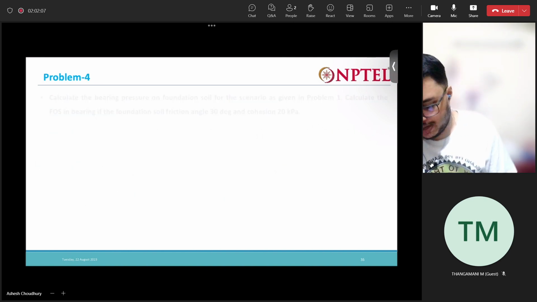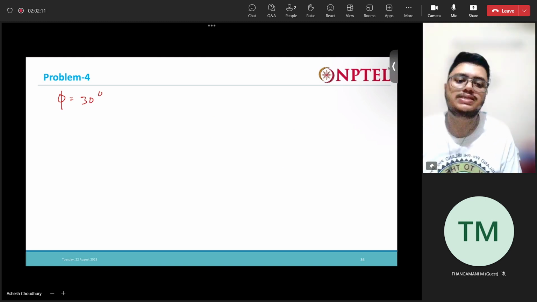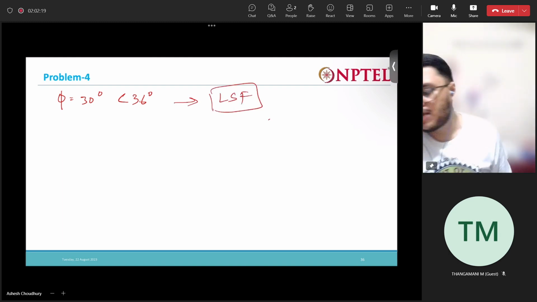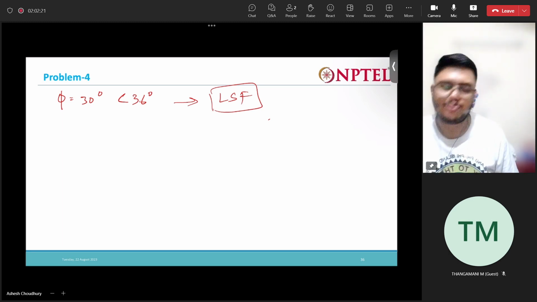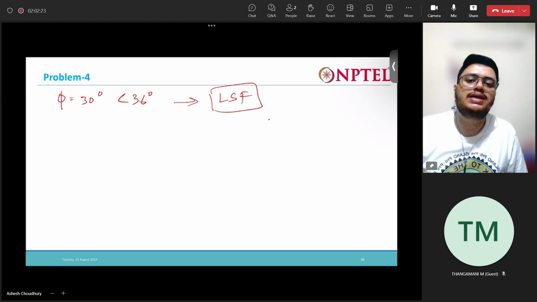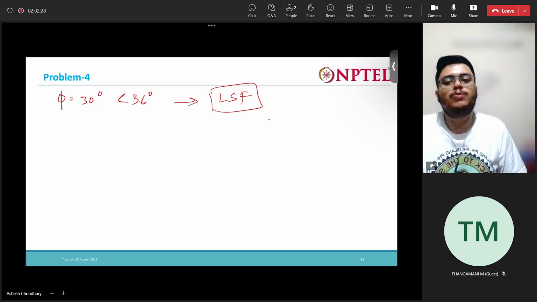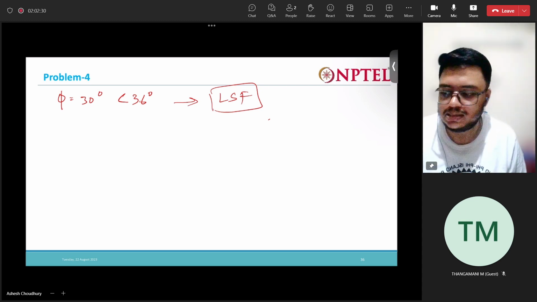So the base soil is 30 degrees, so it is less than 36 degrees and greater than 28 degrees, so we will have local shear failure. Now in local shear failure, we determine the bearing capacity factors Nc, Nq and Nγ. First of all, we reduce this phi by 2/3.